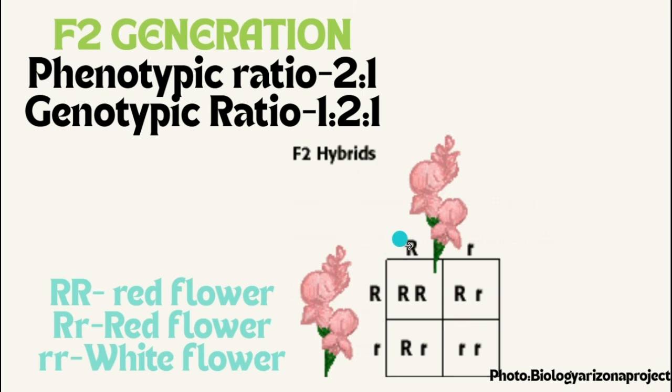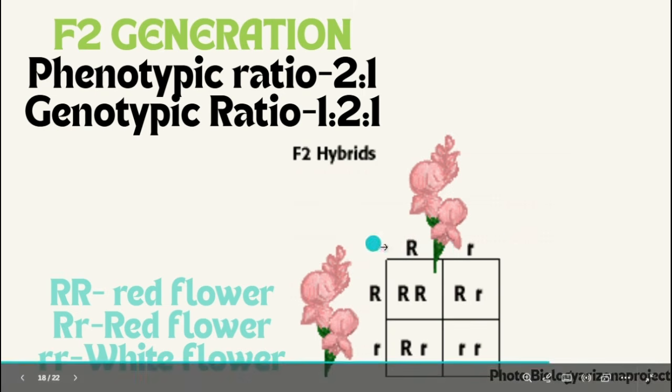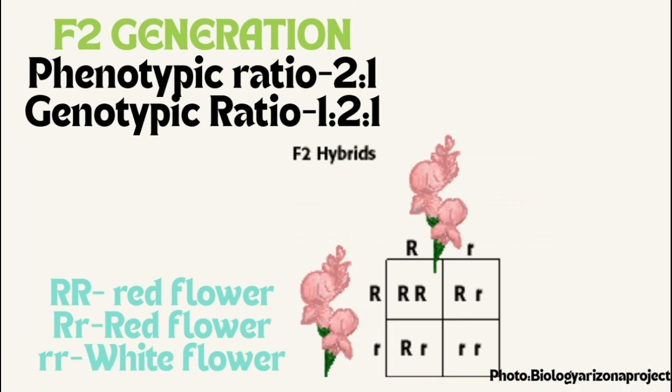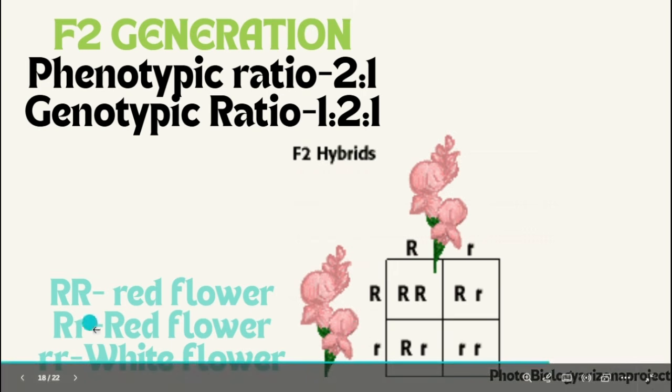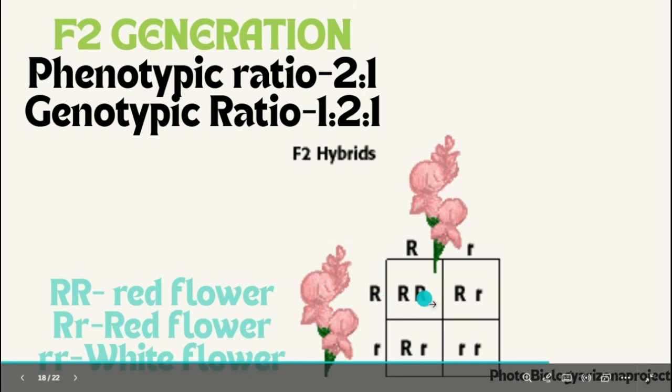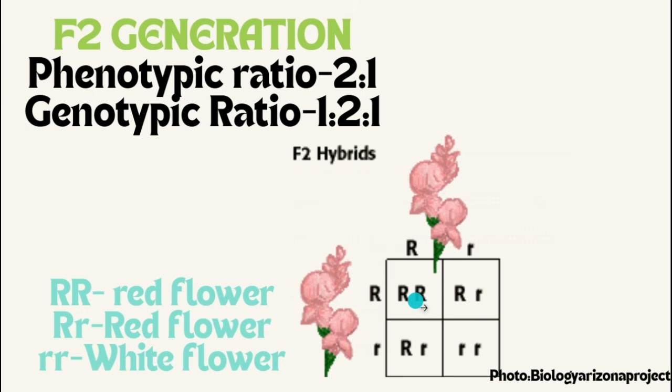Just draw four boxes, and then you put the alleles big R, little r, big R, little r, because in this situation a heterozygous is crossing with a heterozygous, and we know both code for red flowers. So now two flowers that look very red, we're going to cross them. The first child, the first 25%, is going to be red flowers, so the first child will come out completely red.